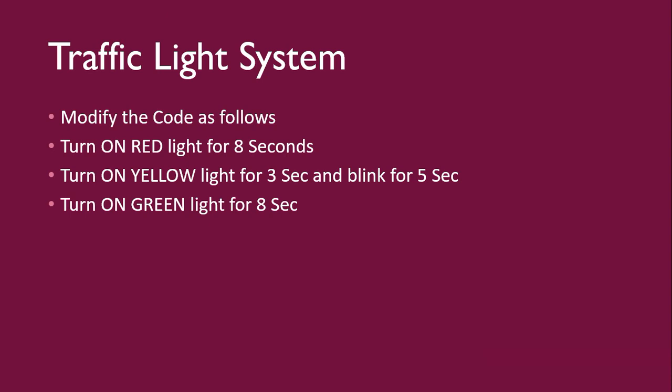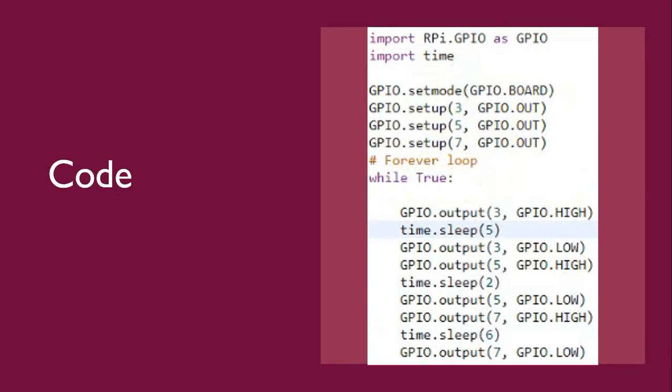Okay. Let's do one system for you. Let's implement this code for you over there. Then you modify the code like this. Let me show you this one for the first time.